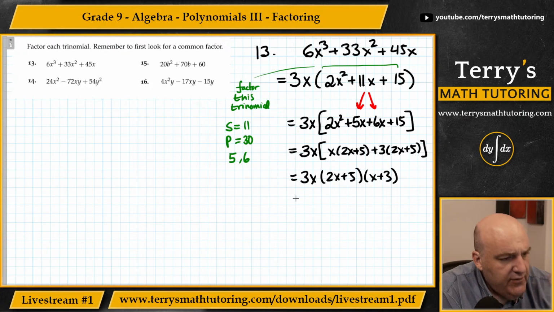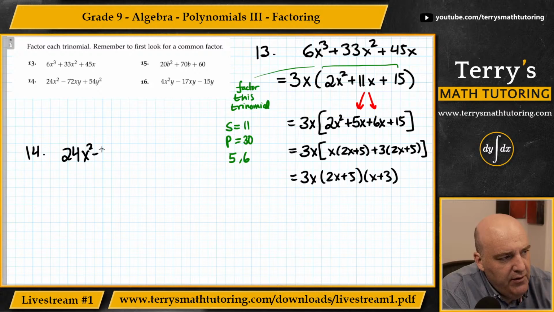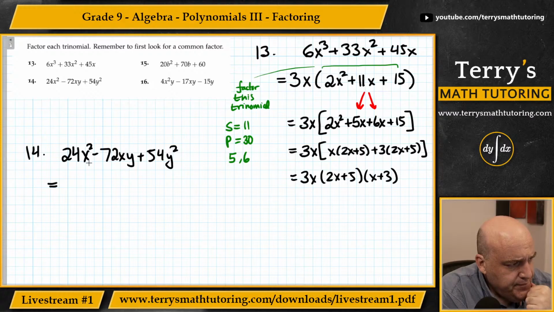Let's look at 14. So I guess by the instructions, we kind of know that we should look for a common factor. In a normal question, they won't even tell you that. You have to know to do that yourself. So what's common here? I think 6, right? 6 is common there.